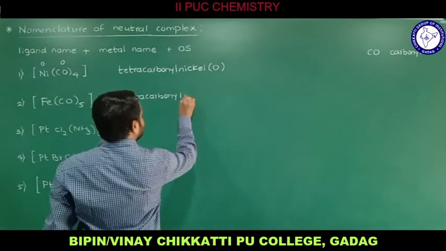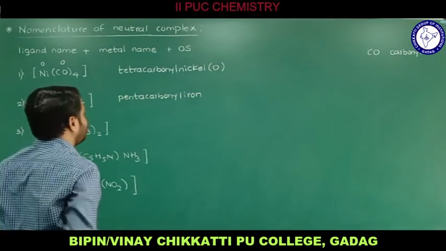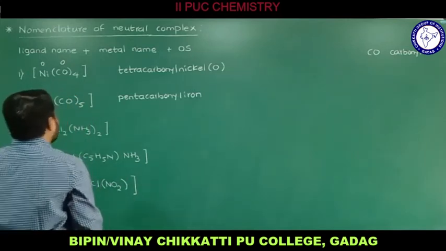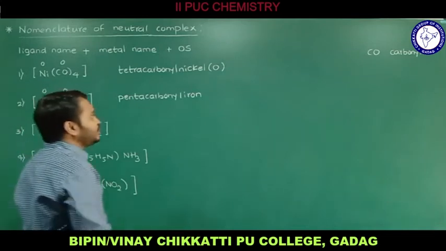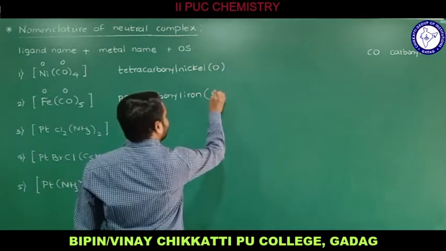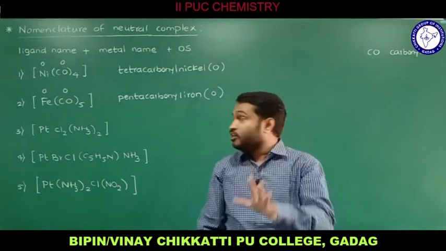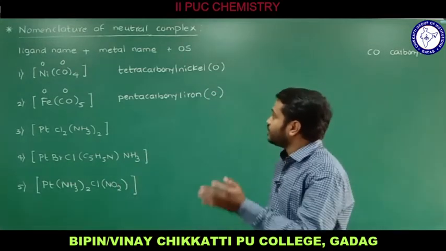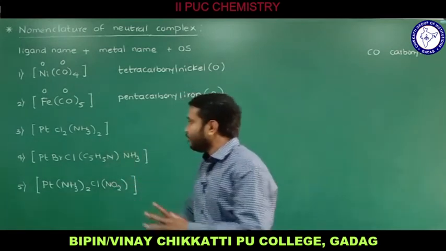Iron we have, see here, we don't write ferrate because this is a neutral complex. Carbonyl is neutral, so ultimately iron should also be 0. So the oxidation state of iron in Fe(CO)5 will be 0. Therefore the IUPAC name will be pentacarbonyl iron 0.